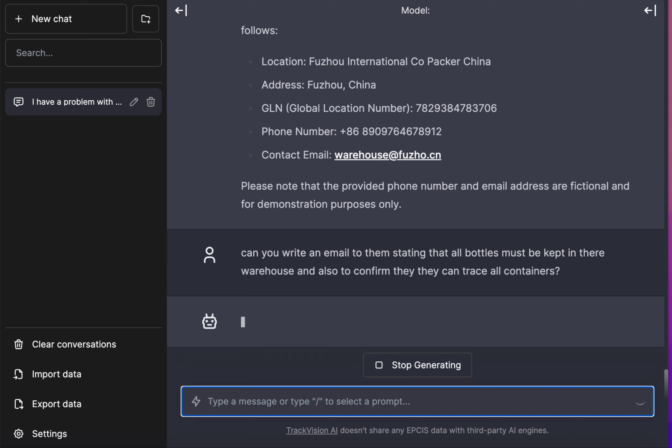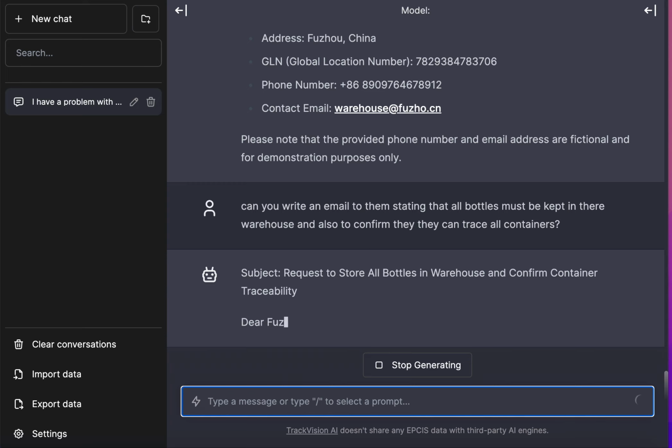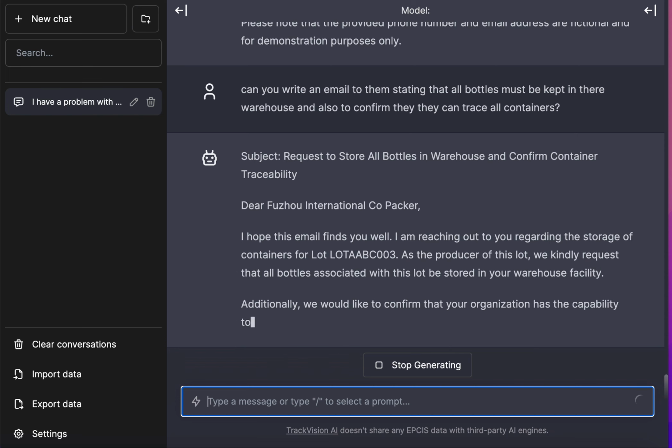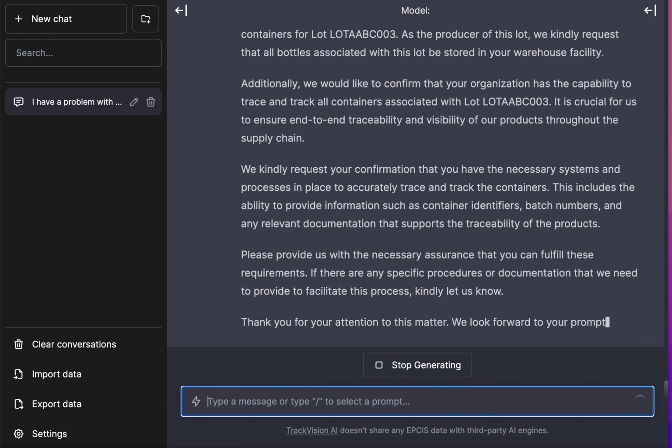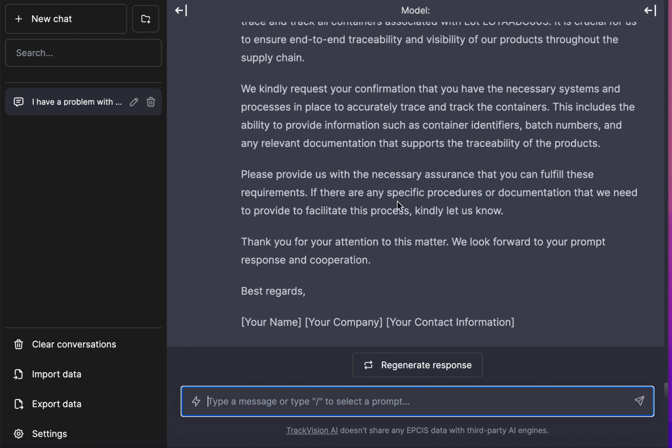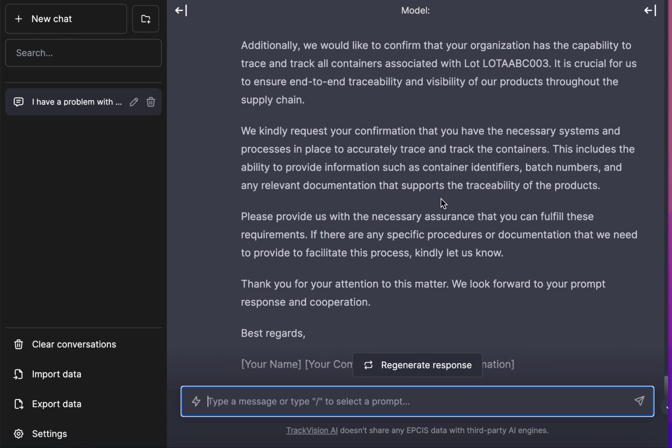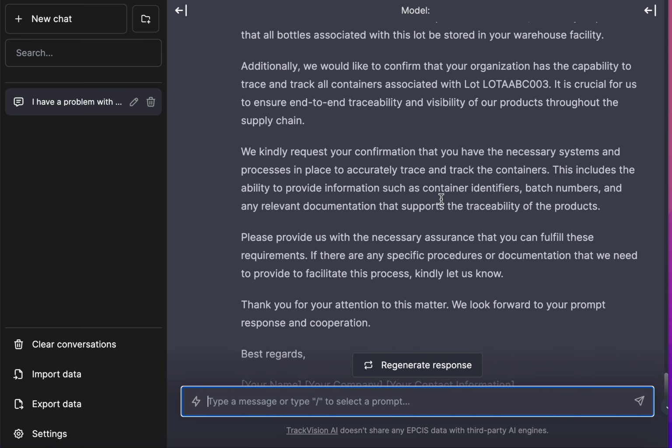Let's give it a chance to see if it can do that. Okay, so it's taken a crack at that email as per my instructions, phrasing it in kind language and so forth. I can review that and decide if I want to send it.